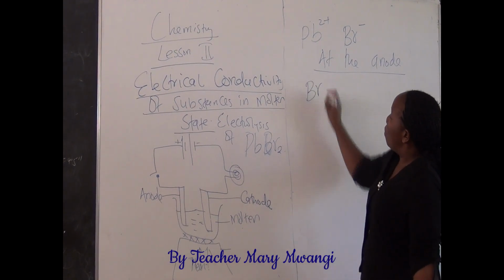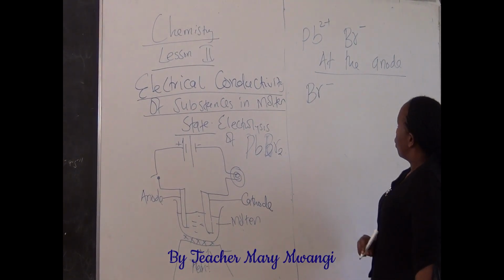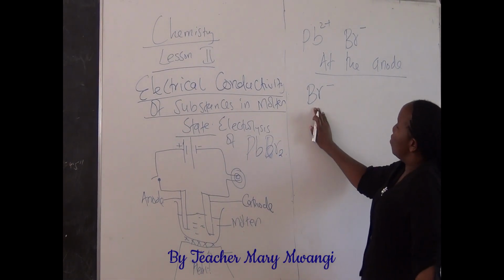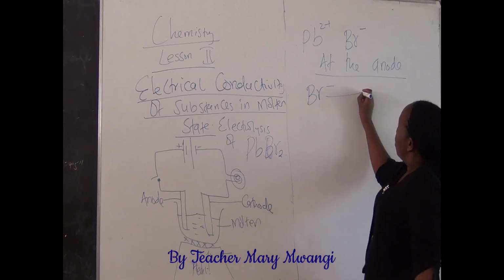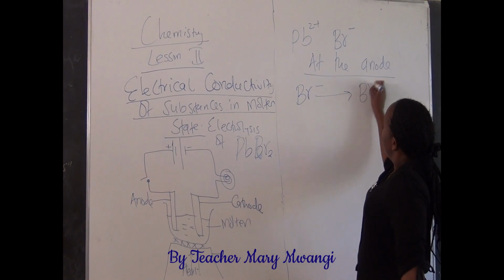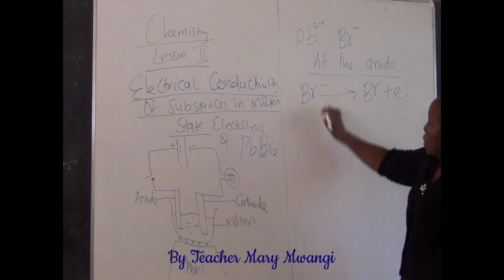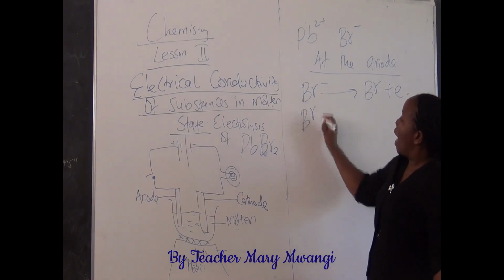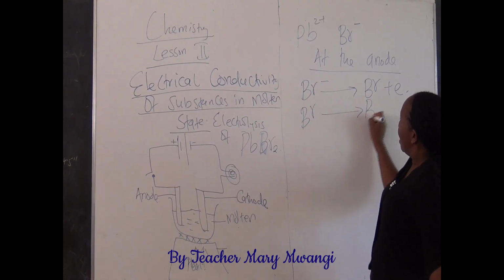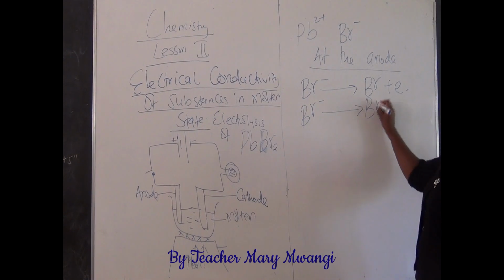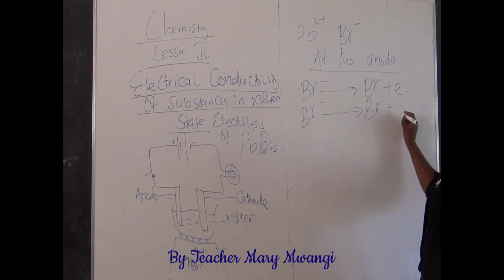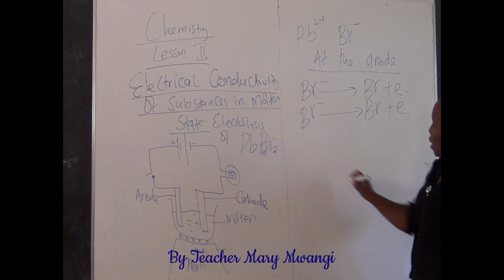So at the anode, remember bromine is a gas. So we have the first bromide giving out an electron to form bromine atoms and an electron. Again, being a gas, it has to lose another electron so that we have a molecule of bromine.